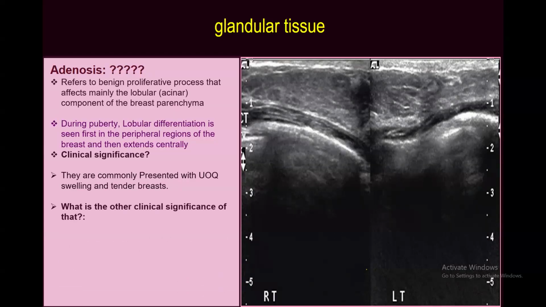What is the other clinical significance of adenosis, or of this type of parenchyma being more peripheral, especially in the upper outer quadrant, and then proliferating centrally?